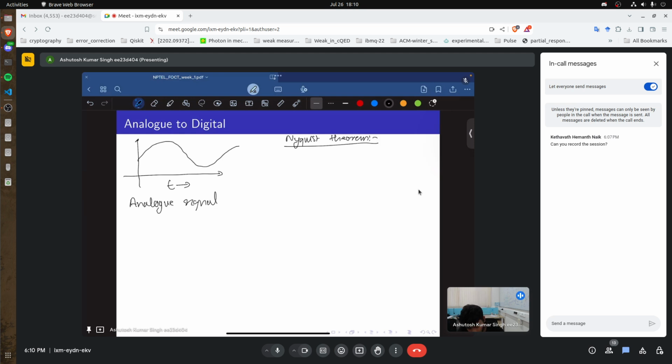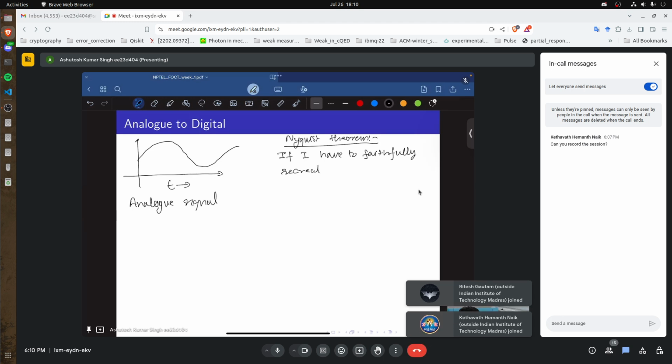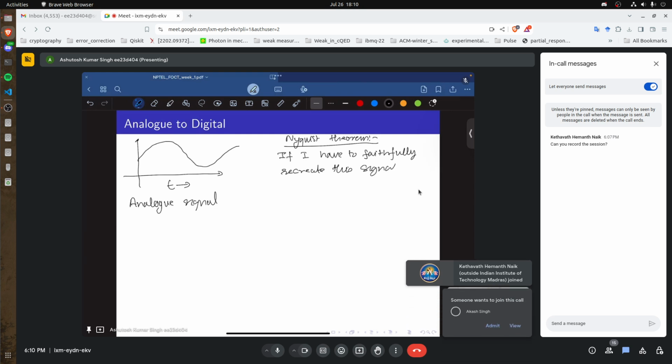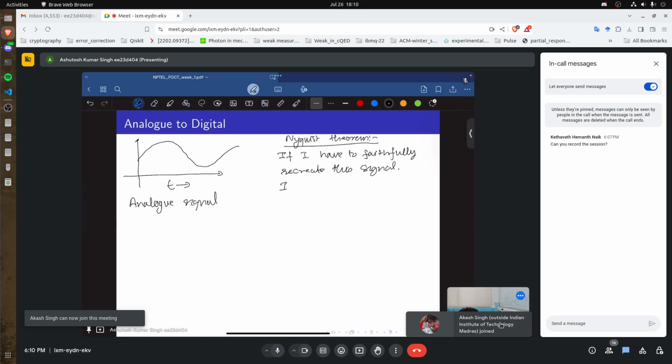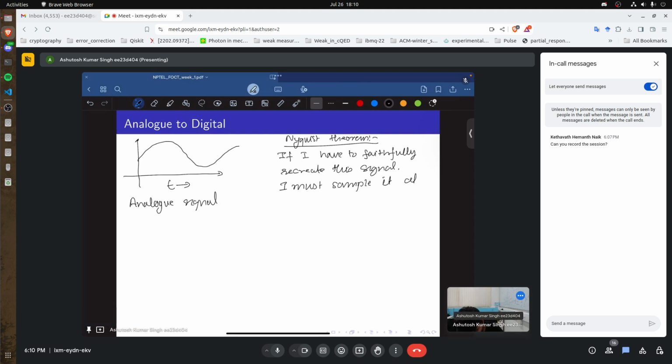Nyquist theorem states that if I have to faithfully recreate the signal, I must sample it at twice the bandwidth.